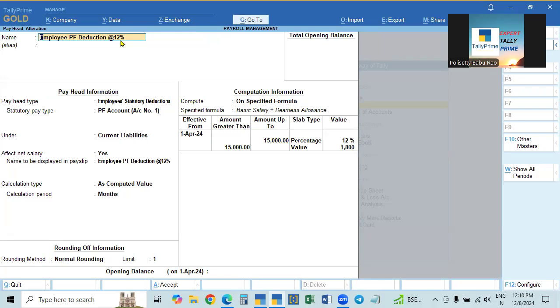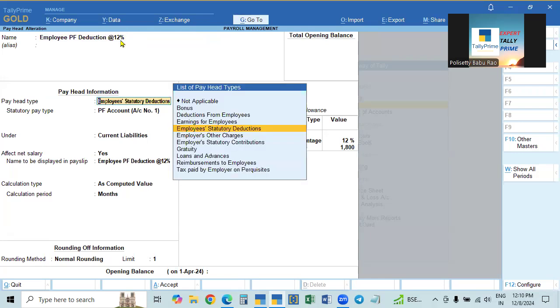And coming down here, the pay head information for earnings: we gave earnings for employees, and bonus and gratuity were given separate heads. But now it is a deduction. Deducting the money and retaining it with the employer is called general deduction. It is deducted from employees and kept with the employer.